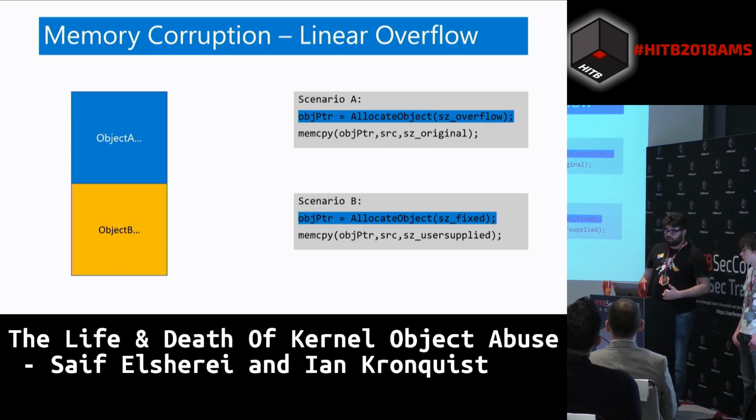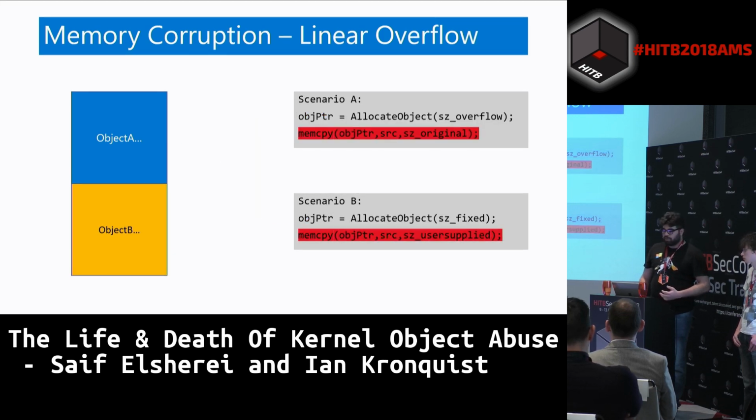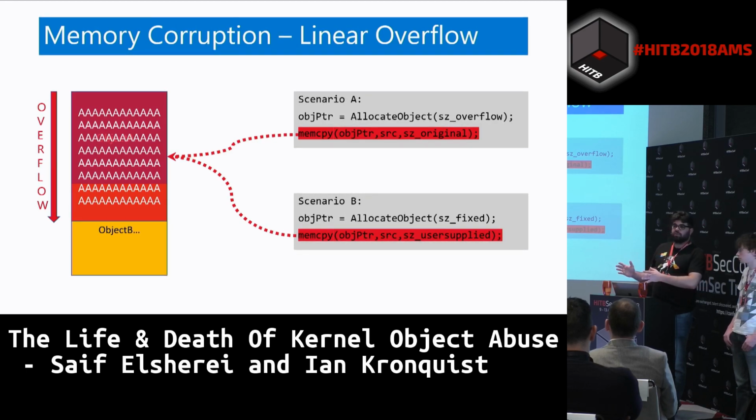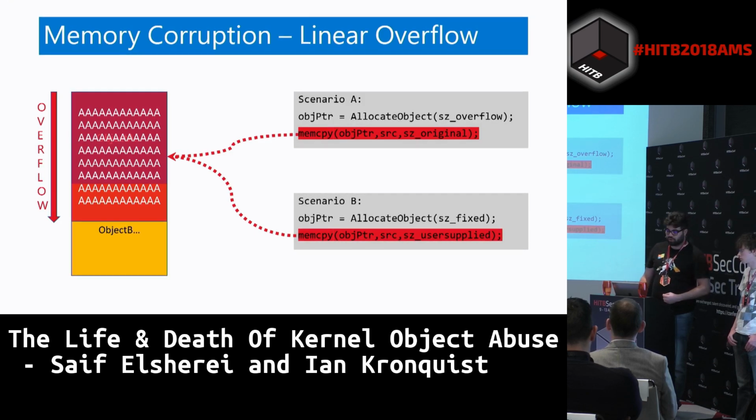The second scenario is that the object is allocated using a fixed size. After the object has been allocated in memory, in the first scenario, if the memcpy function or any data copying loop uses the user-supplied size, the original size, not the calculated or overflowed size, then we will actually overwrite adjacent memory, since it's trying to copy a large amount of data into a much smaller allocated memory region.